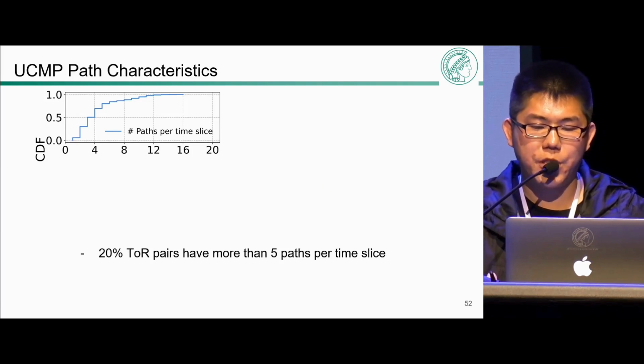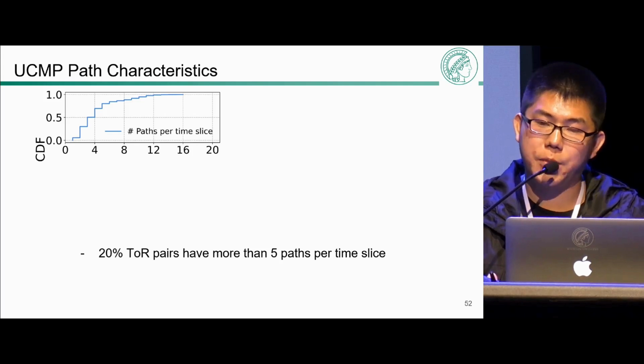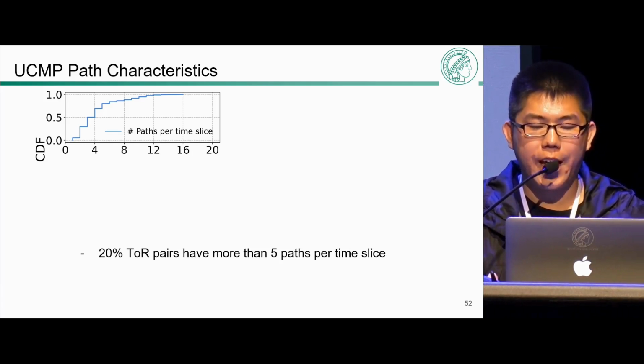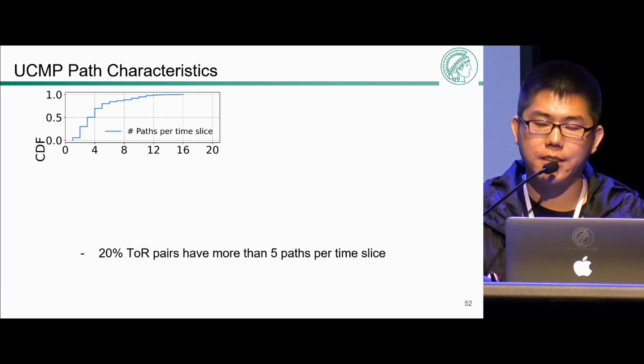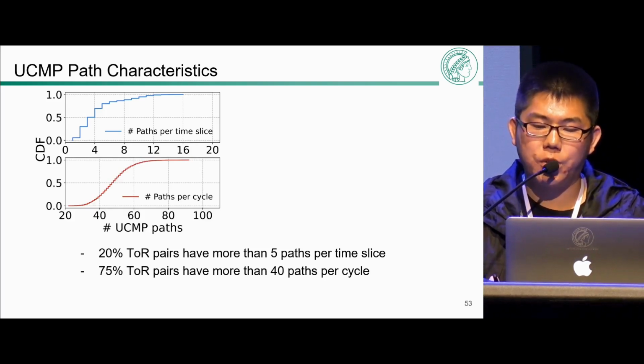First, we list some UCMP path characteristics. This figure shows the distributions of the number of UCMP paths per time slice between ToR pairs. We can see that more than 20% of the ToR pairs have more than 5 paths per time slice. Then we check the entire cycle. Around 75% of ToR pairs have more than 40 unique paths per cycle.